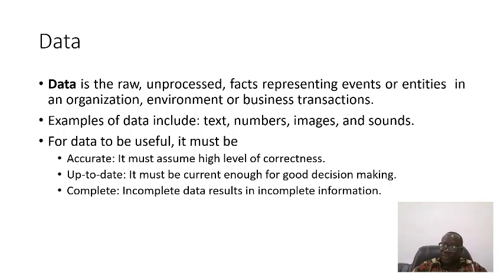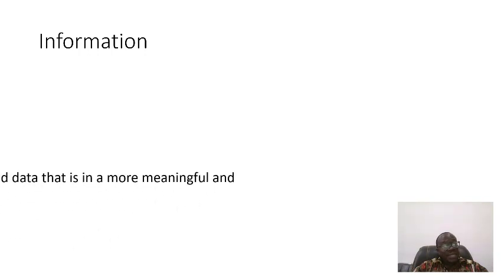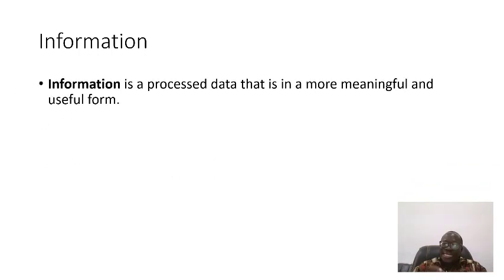So basically, we now know what is data. Let's look at information. I believe I've mentioned a lot about information, but let's go over what is information. We have said that information is processed data, data that has been processed, data that has been transformed, data that has been converted into a form that is more useful and meaningful. That's what we talk about as information.